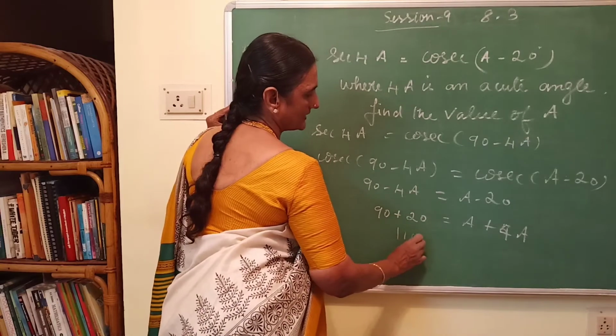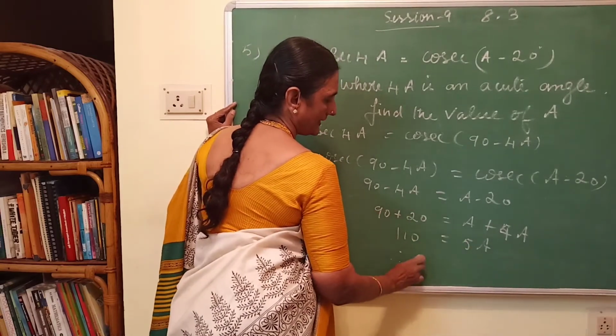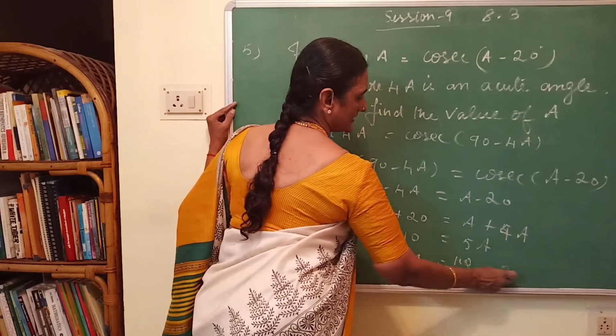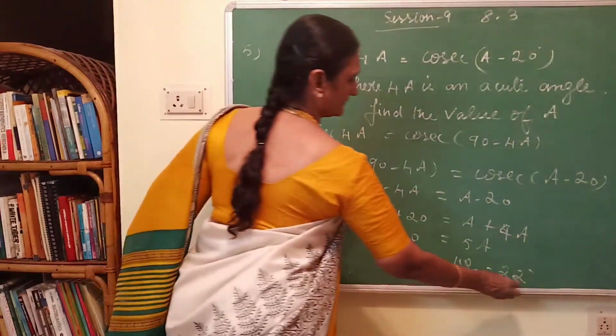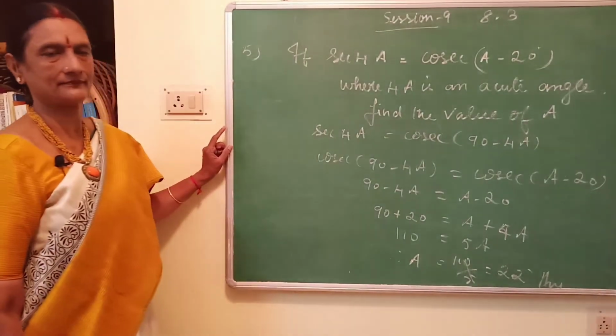So I get 110 is equal to 5A. Therefore, A is equal to 110 by 5, which is equal to 22 degrees. That is the answer. We have to finish like this.